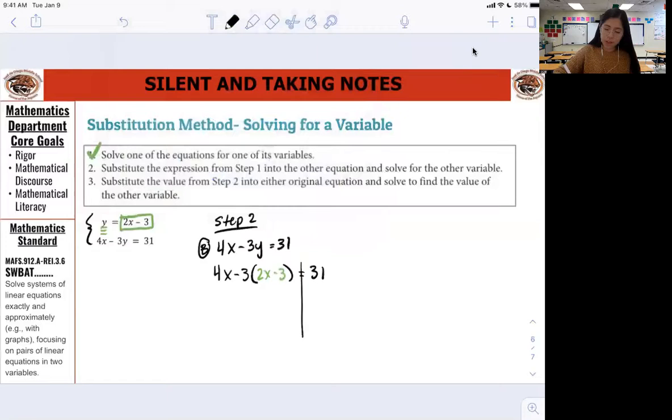And from there, we're following those same exact steps. I start with my distribution. I have 4x. Now, negative 3 times positive 2 is negative 6. Negative 3 times negative 3 is positive 9. Equals 31. Combining like terms, 4x minus 6x is negative 2x.